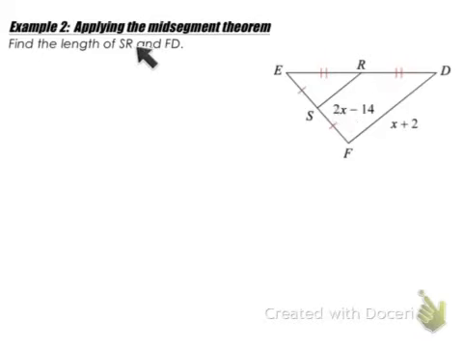To figure out the length of SR and FD, we need to figure out the value of the variable first. We know that SR is half the length of FD, so we have to write an algebraic equation to represent that idea. SR is the midsegment, and it is half the length of FD.